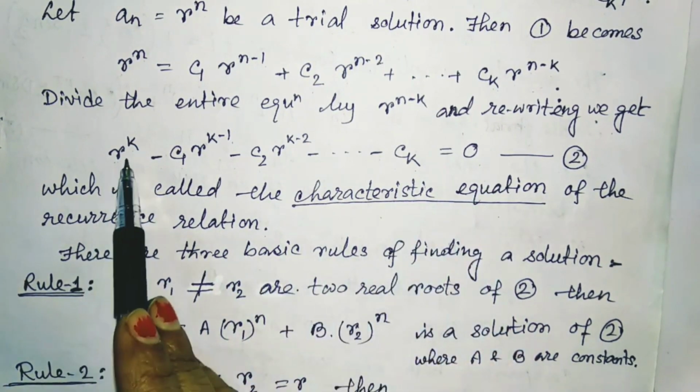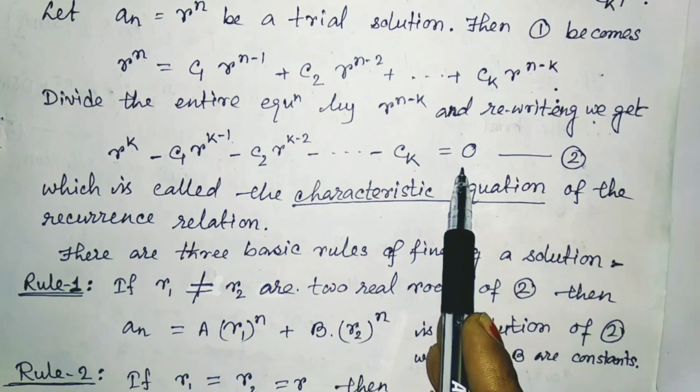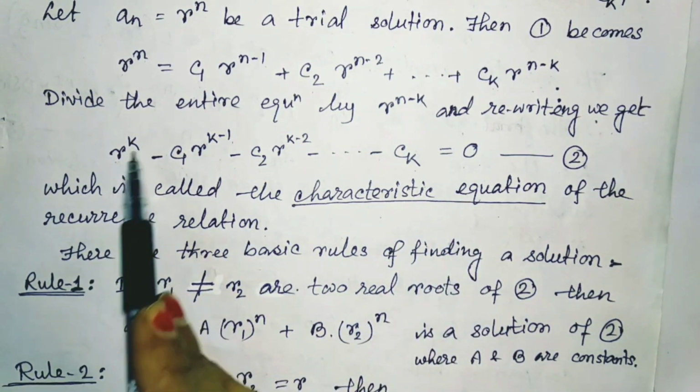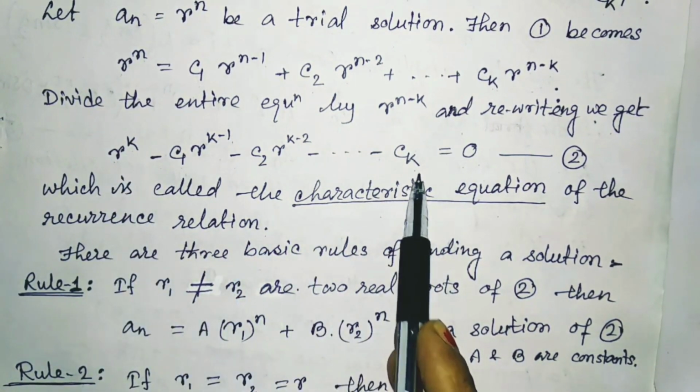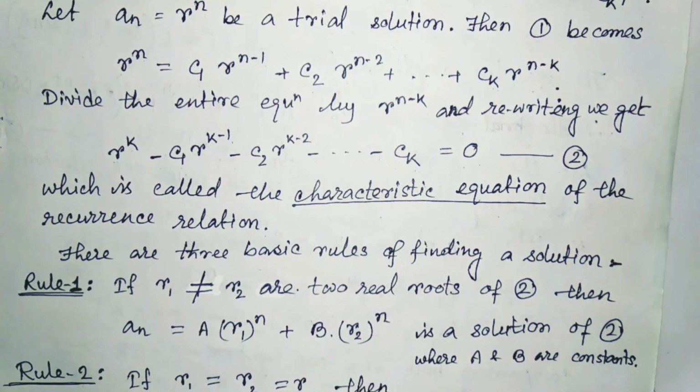As this is a power of k, there are total k solutions. If k is equal to 2, then this is a quadratic equation, hence we will get 2 solutions only. So in that situation, there are 3 basic rules.